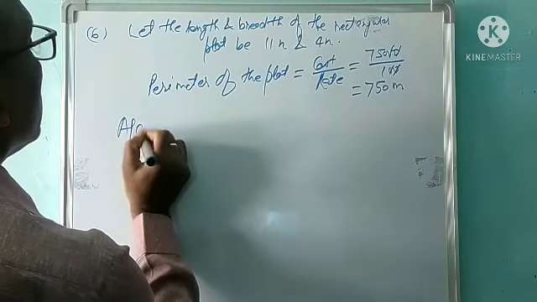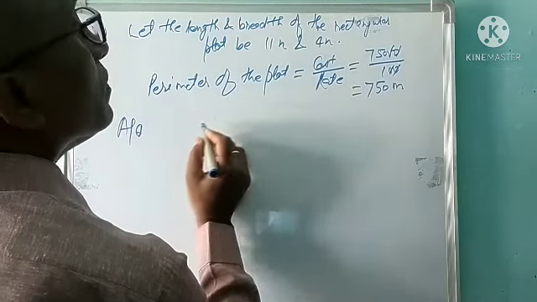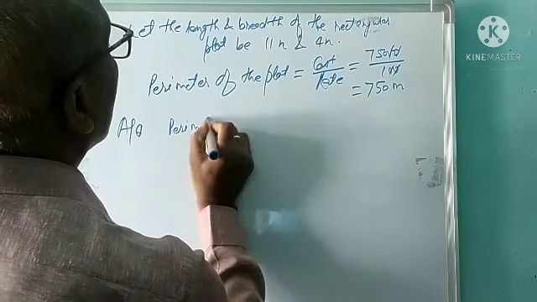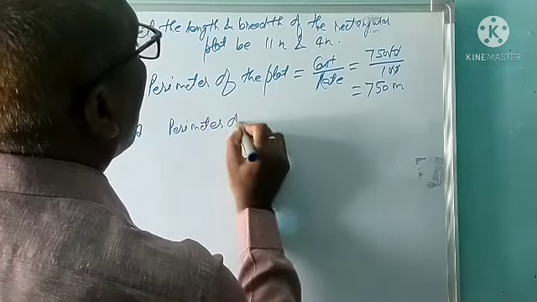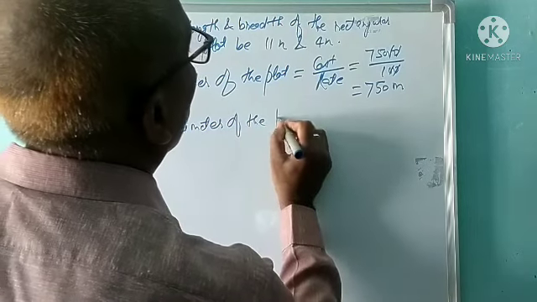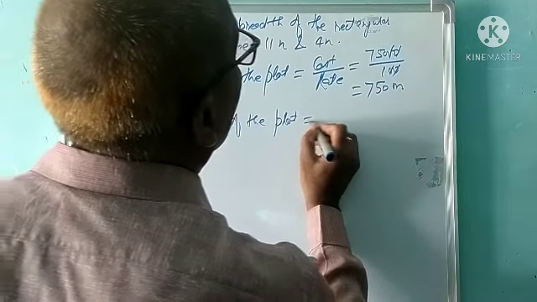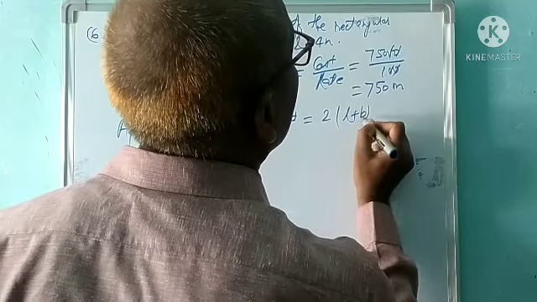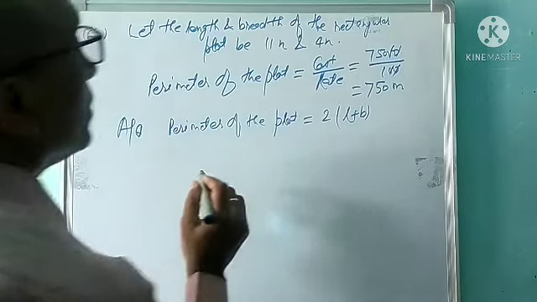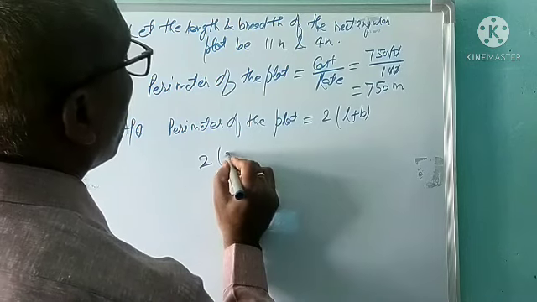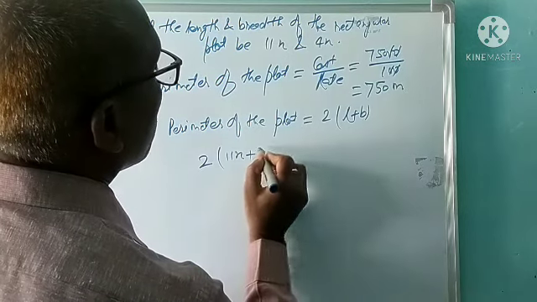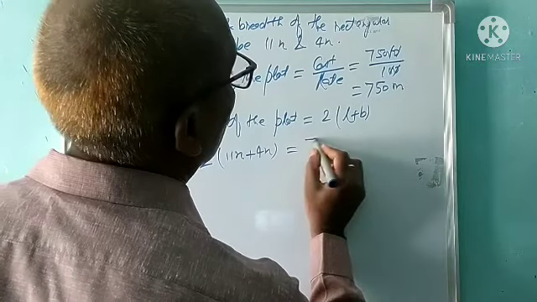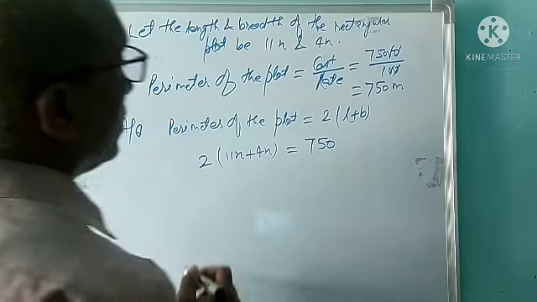According to question, perimeter of the plot is equal to 2 bracket L plus B. This means 2 into 11x plus 4x is equal to 750.